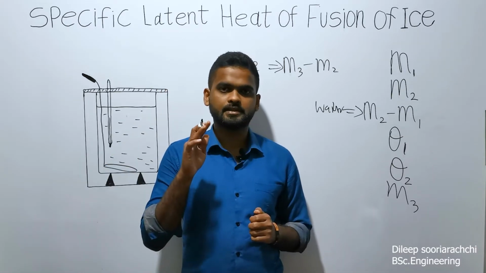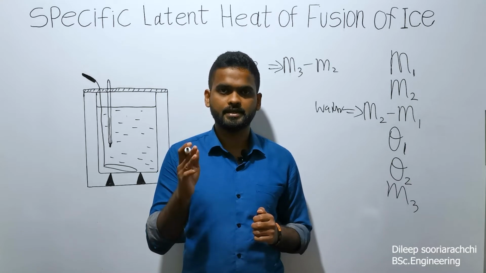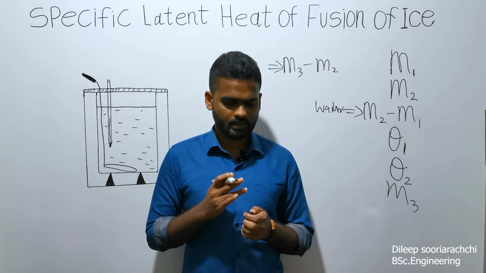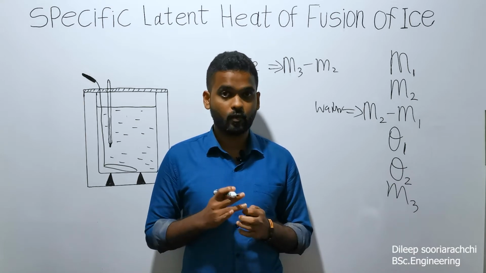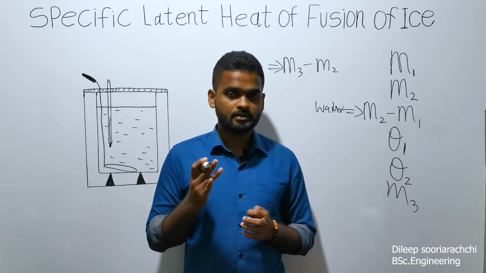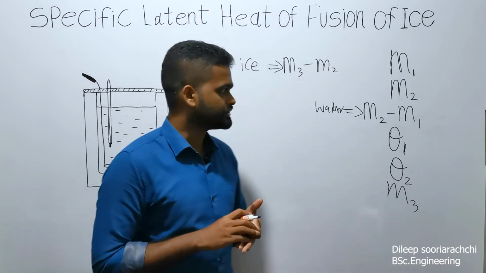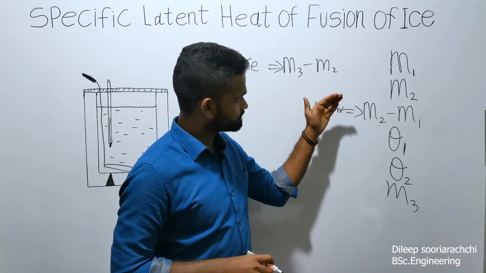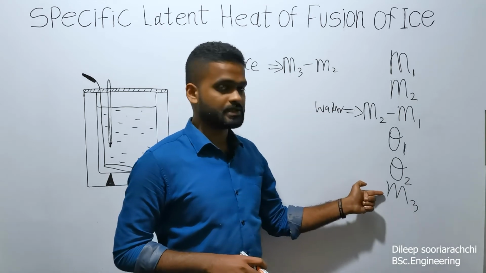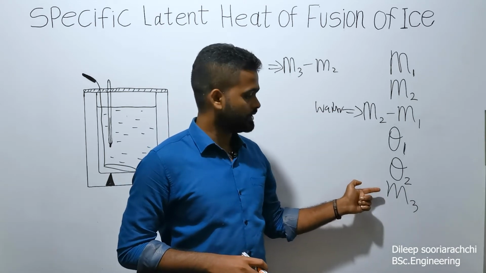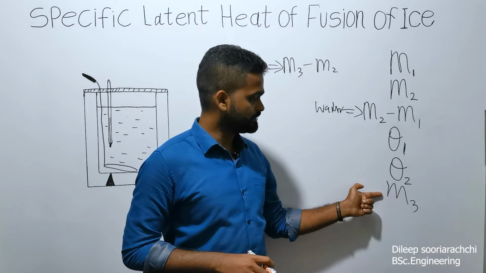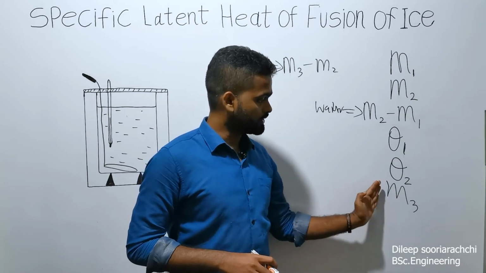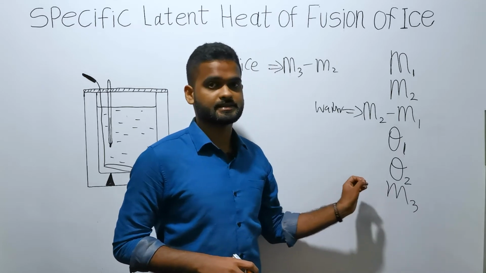As you noticed earlier, we needed two types of balances, a chemical balance and a four-beam balance. The four-beam balance can be used to take the measurements M1 and M2. But for the M3 measurement, we are measuring the water, calorimeter plus ice.